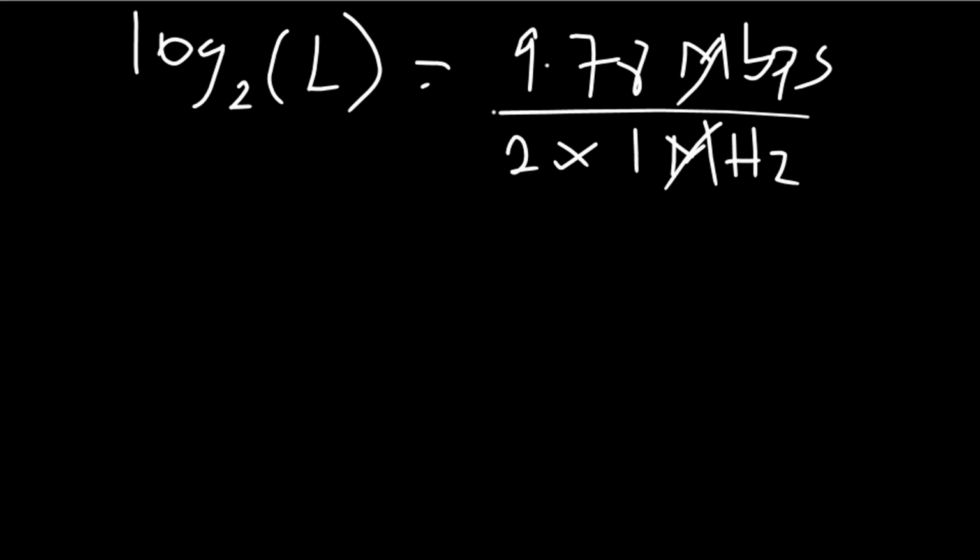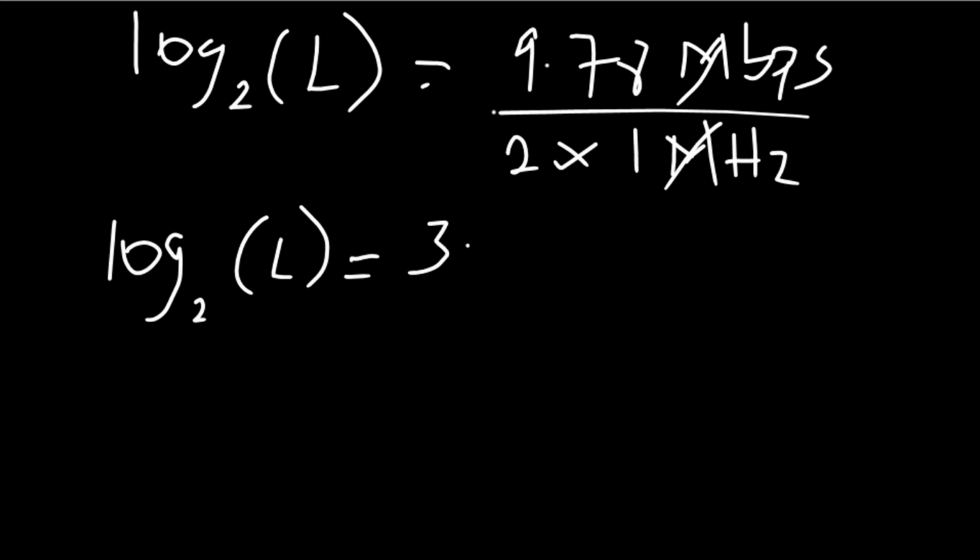So log 2 of L is equal to 3.99. The actual answer that we get is 3.989, but when we round it to the nearest decimal place, we get 3.99. Okay, so what do we do next?